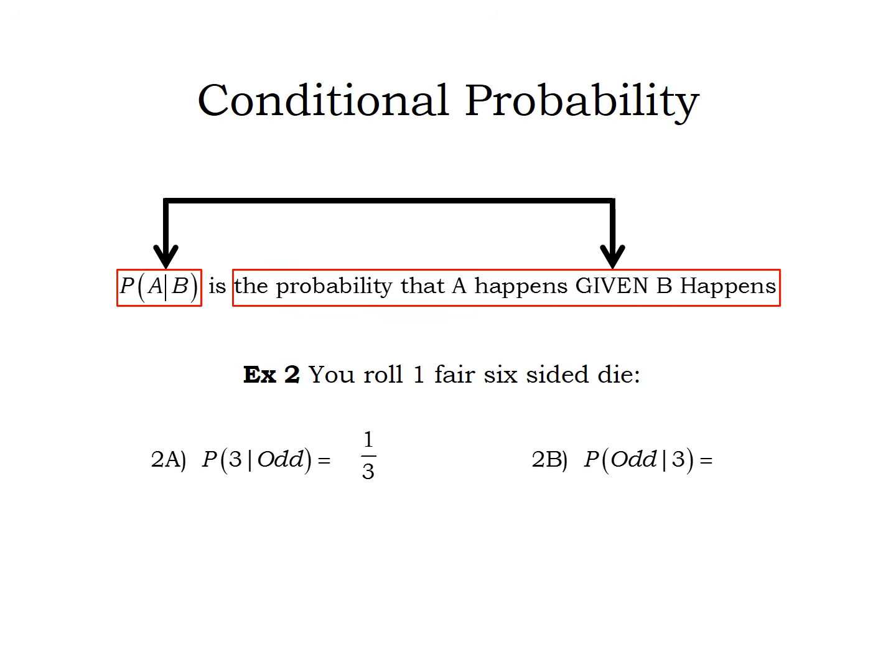Well, given we got a 3, there's only one number to choose from. The result is a 3. Makes our life pretty easy. How many are there to choose from right now? 1, because we know we got a 3. How many of those are odd? 1, because the 3 is odd. So the probability of getting an odd number, given that we know the result is a 3, is equal to 1.